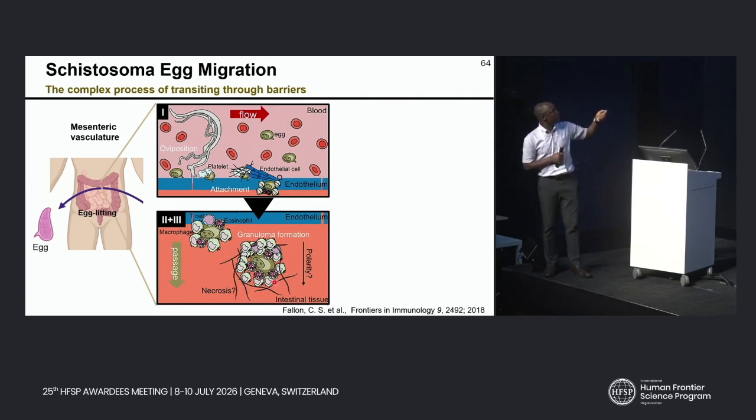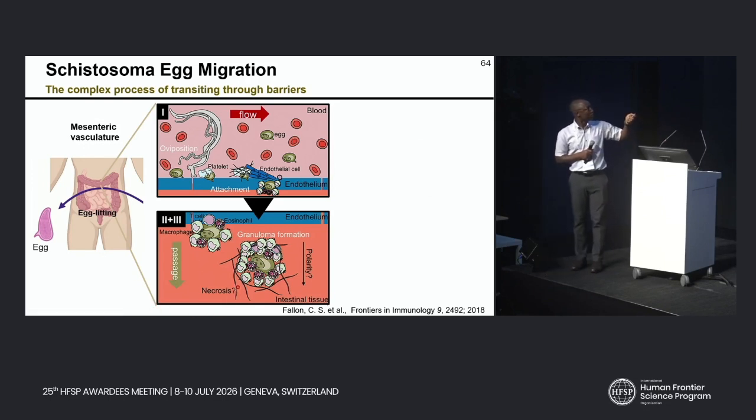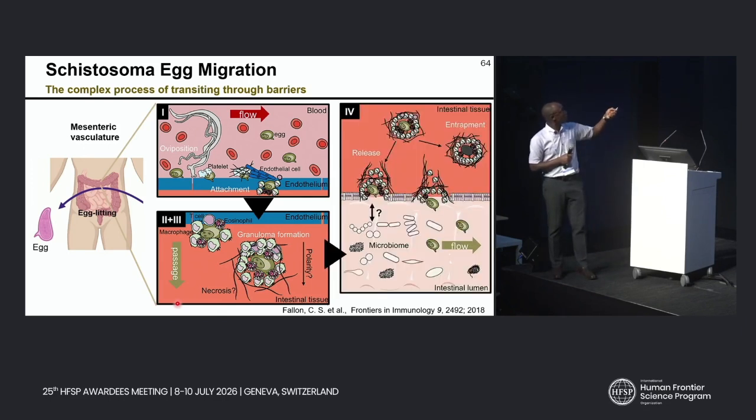And somehow the granuloma is able to move. So is it a polarity issue? What is the force driving this? That is the question. And eventually it will move past the epithelial and find itself in the lumen.